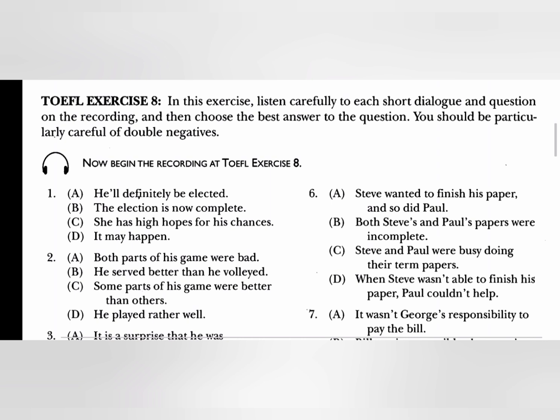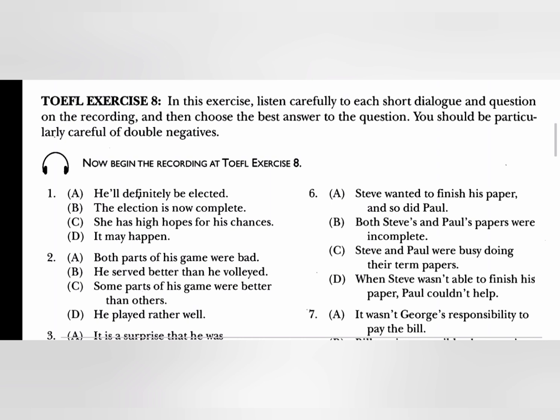Okay, for example, skill 8, we have listened to the audio and we get the question, and so after it we choose the answer between A, B, C, and D. The correct answer is D. It may happen.